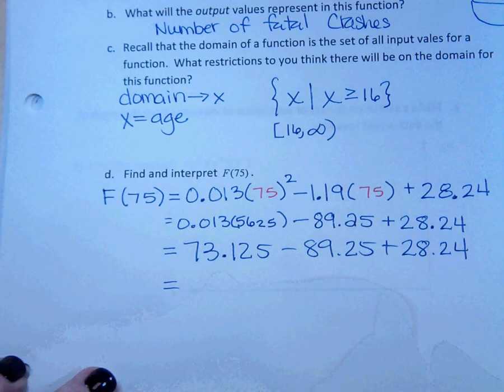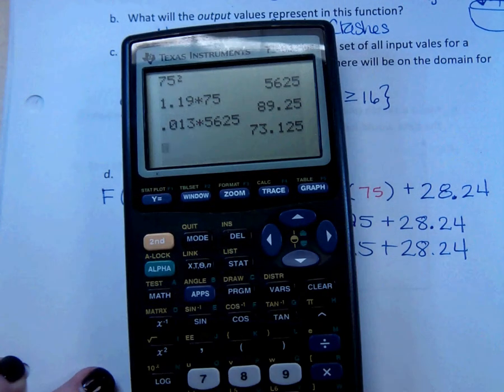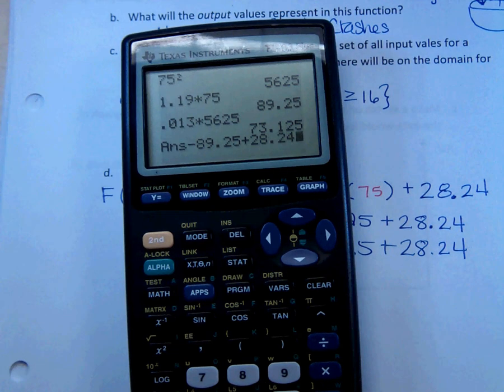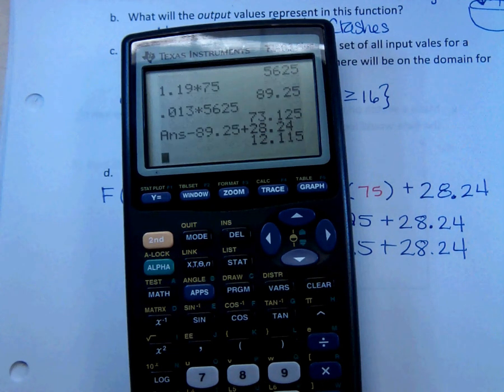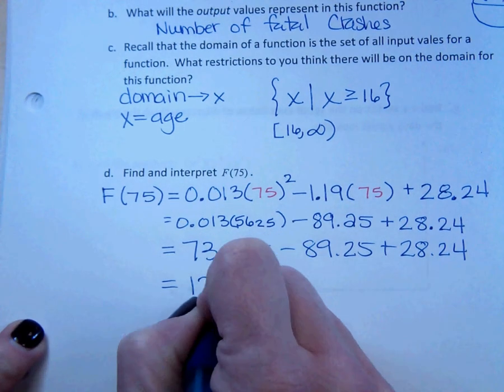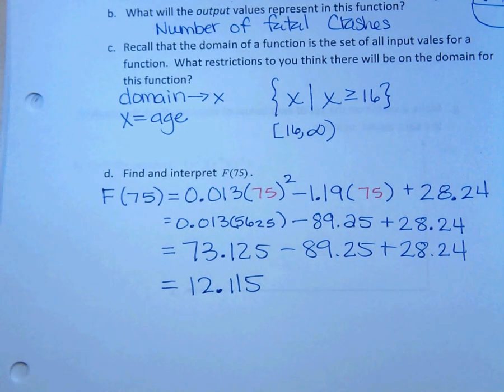So now I just go left to right and do my subtraction and my addition. So 73.125 minus 89.25, and then add the 28.24. So I get 12.115. Remember, that represents the amount of car accidents.